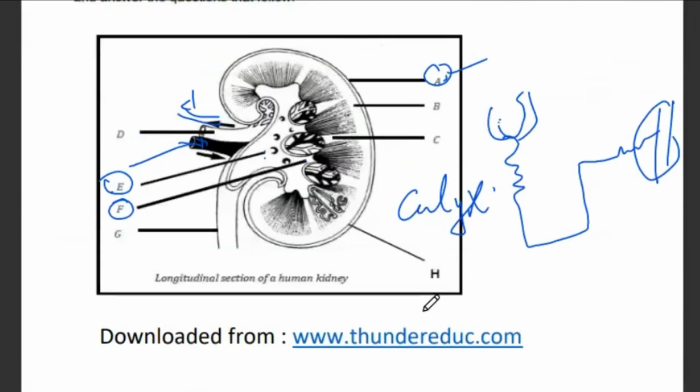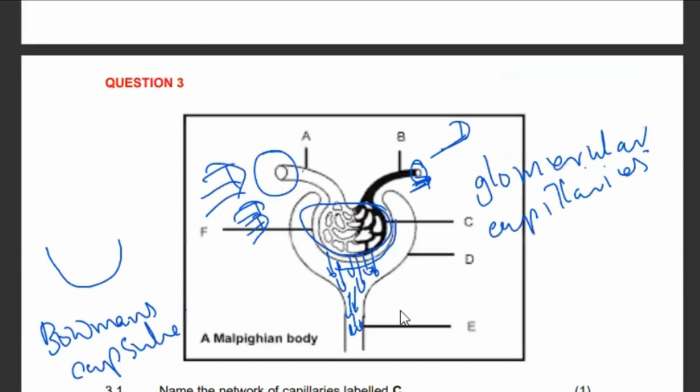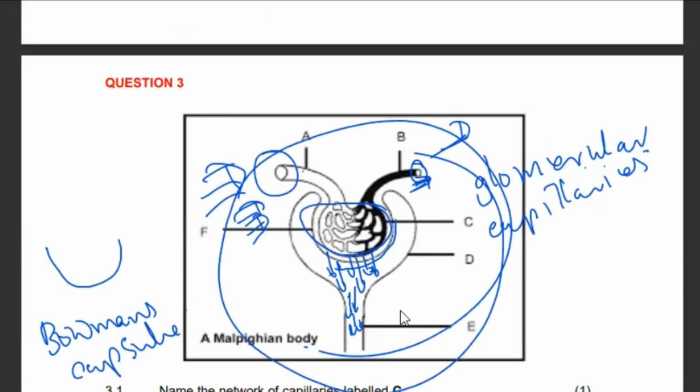C, where is C? Yeah, this region, that's where you find the Malpighian body. Let me show you. This is where you find the Malpighian body.